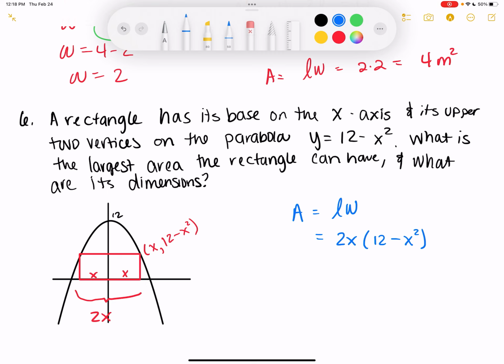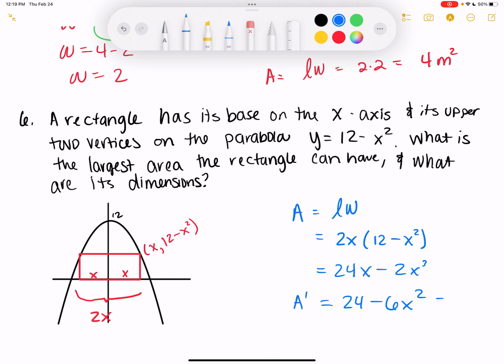We might get through this. Probably not, though. So then I can multiply this through. That's going to give me 24x minus 2x cubed. Then now I would take the derivative of this, which would be 24 minus 6x squared.